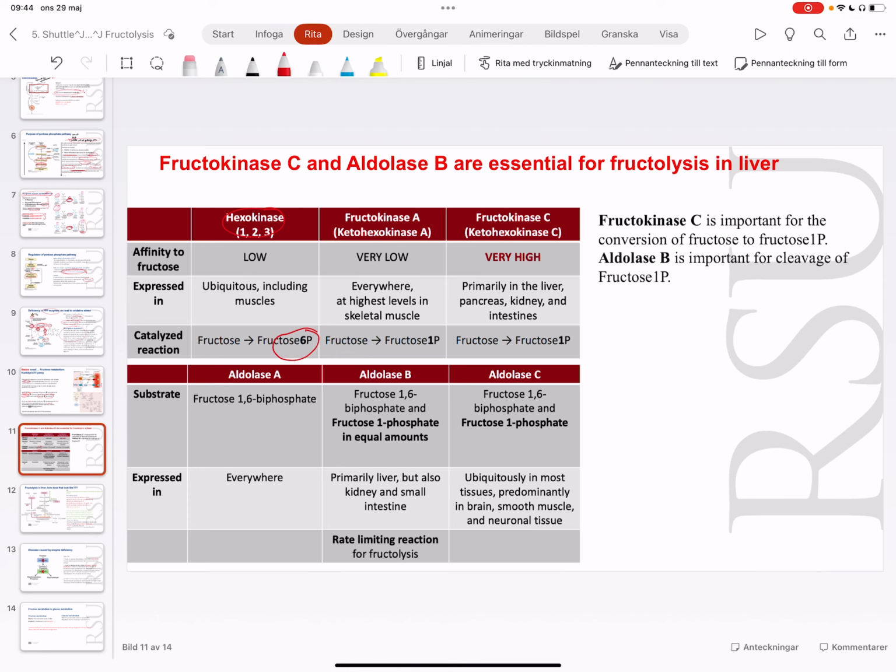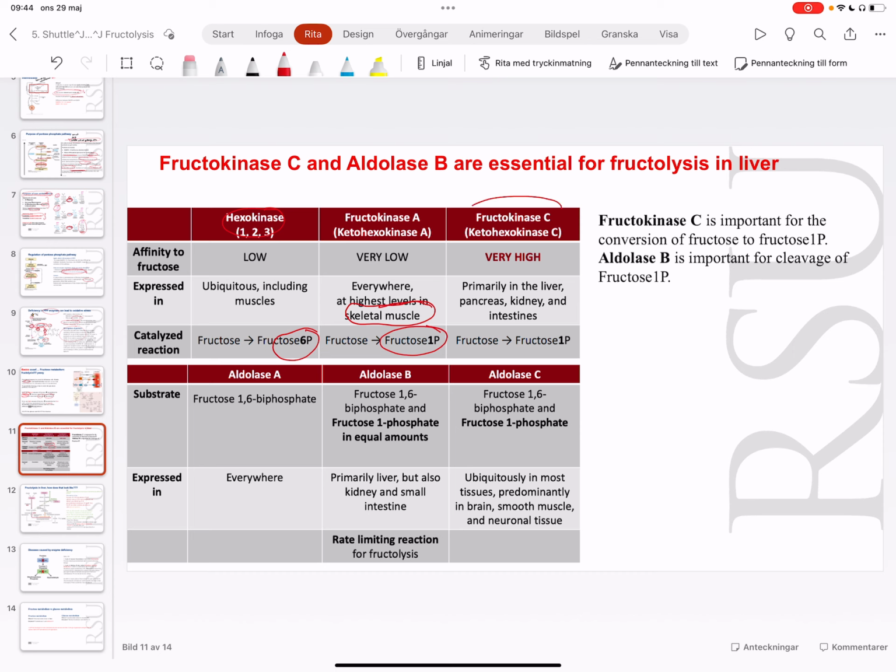And fructokinase A, which exists in the skeletal muscle, has low affinity to fructose. It can convert it to fructose 1-phosphate, but it has low affinity. So there needs to be very high concentrations of fructose so that muscle can actually metabolize the fructose.